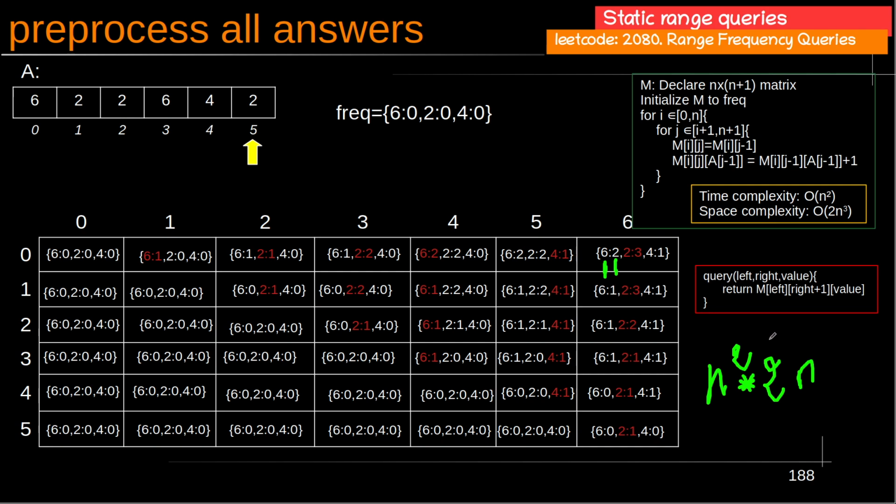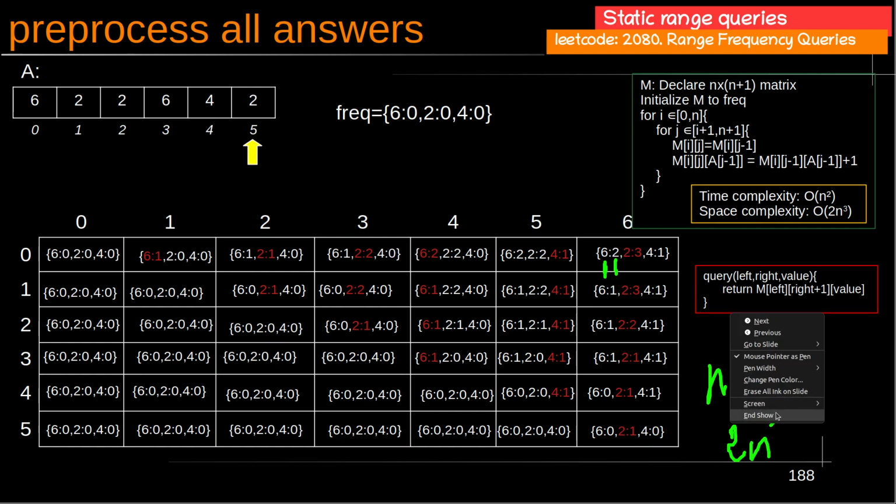In the worst case, if we have all the elements different, all of them in the dictionary, then for each element we will have its frequency. So we have 2 times, so the space complexity will be 2n cubed.